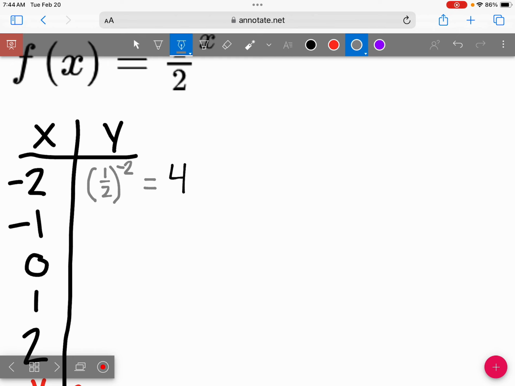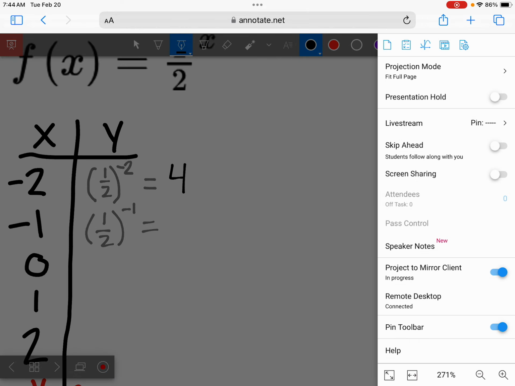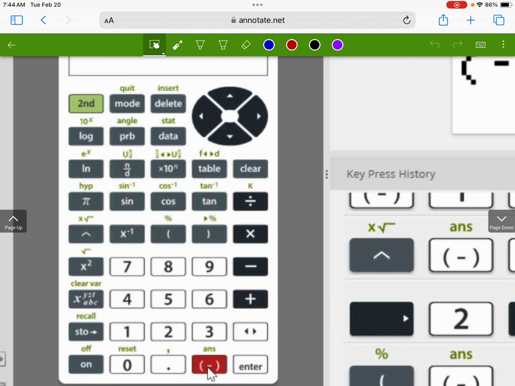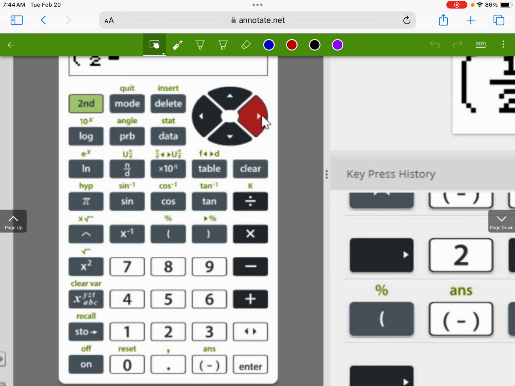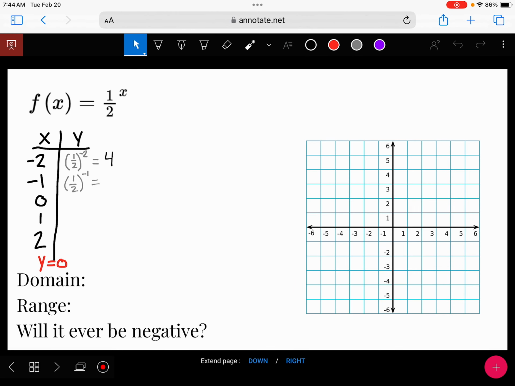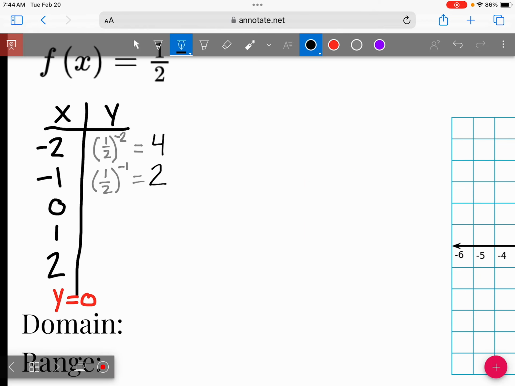We're going to take our fraction of 1/2 and raise it to the power of -1. And again, when you go and do that in the calculator, and we are super careful, we get a +2.